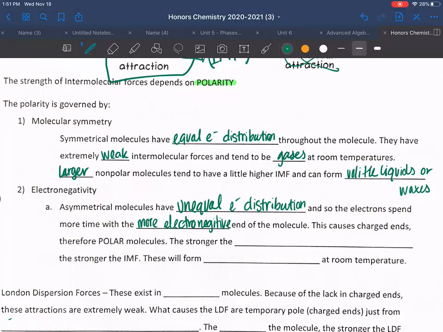So again, recall that when you have asymmetrical and unequal electron distribution, the electron spends more time with the more electronegative side and causes the charged ends to form, which means we have our polar molecules.